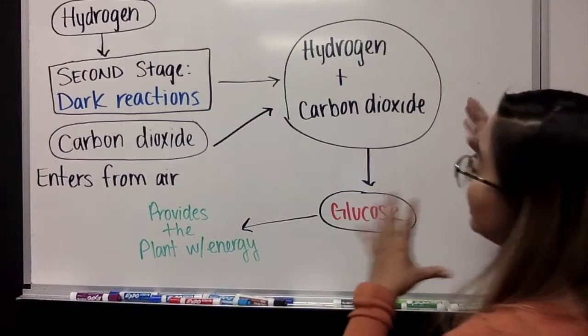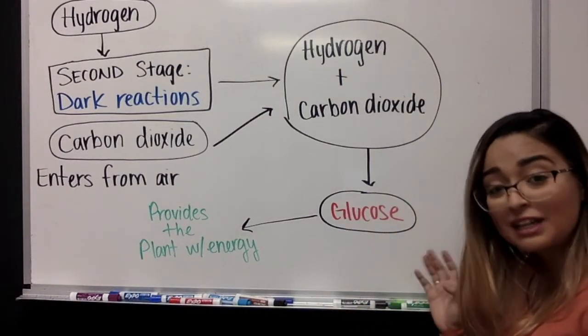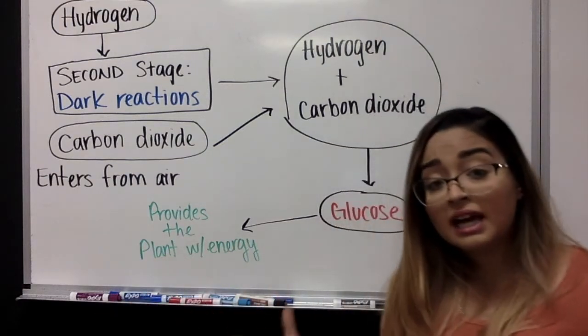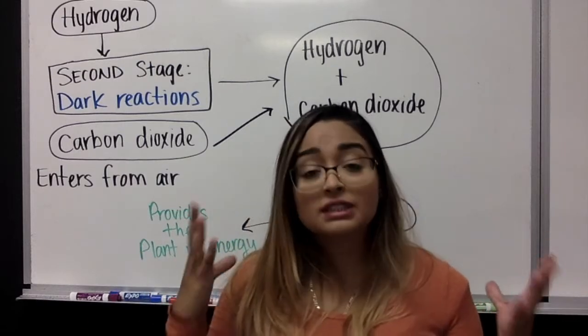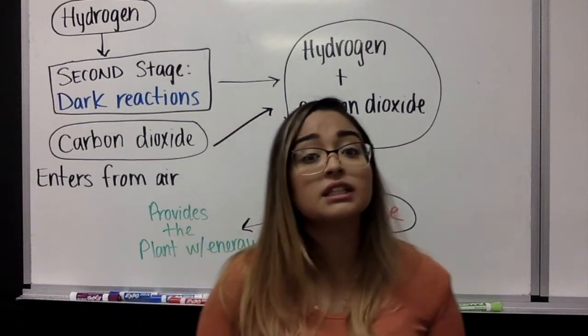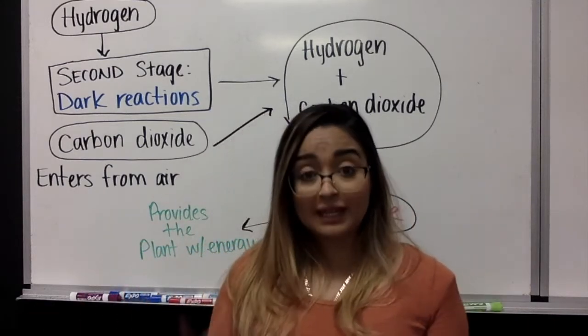And after hydrogen and carbon dioxide have made glucose, that is what provides the plant with energy. So this goes into photosynthesis, and is used during cell respiration and cell fermentation. But again, this is for plant cells only.